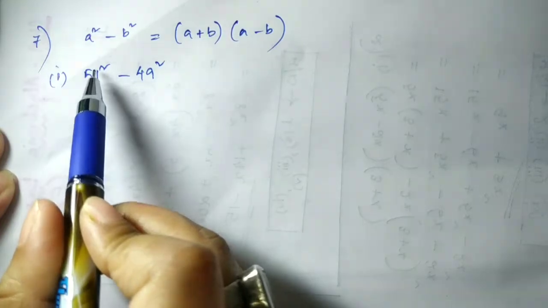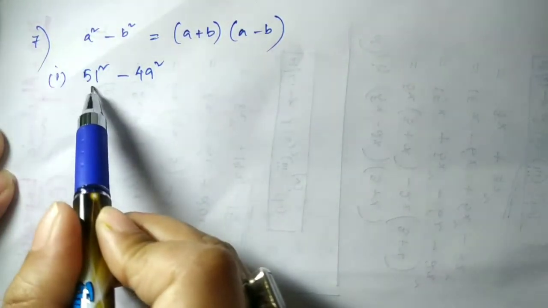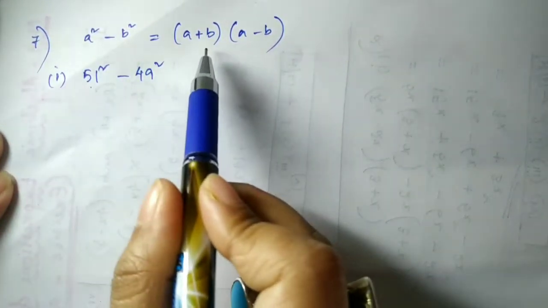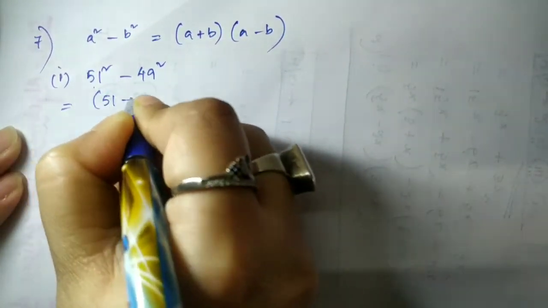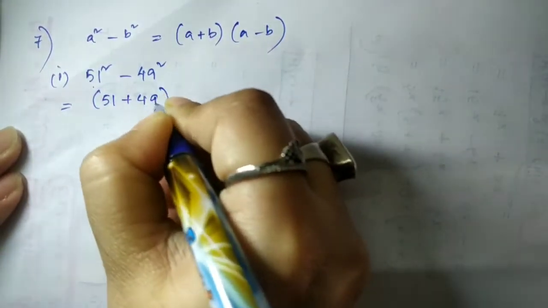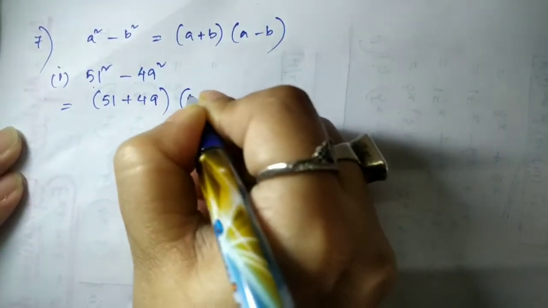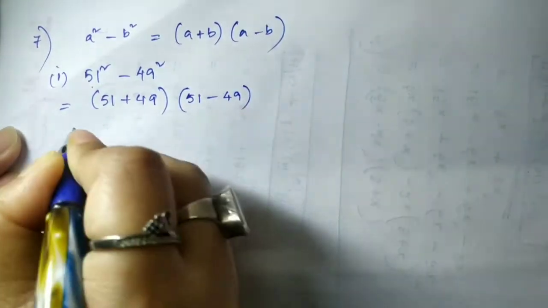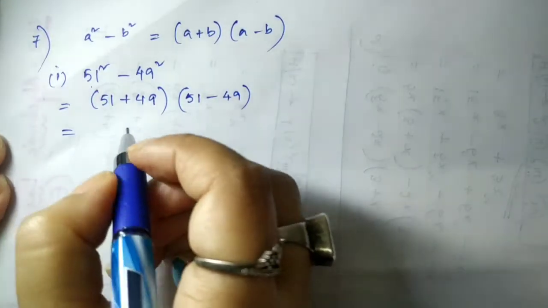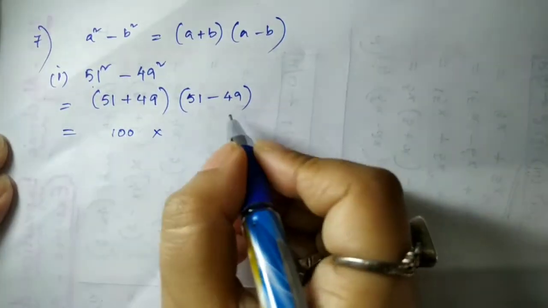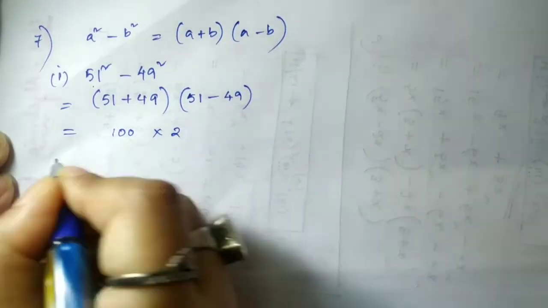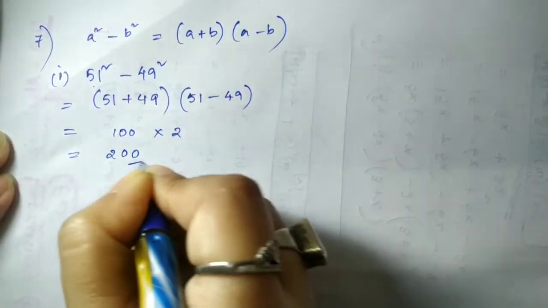So this is my a square minus b square, means this is my a, this is my b, and will be equal to what? A plus b. That means 51 plus 49 into a minus b, 51 minus 49. So 51 plus 49 will be equal to how much? 100 into 51 minus 49, 2. So 2 into 100 is equal to 200.